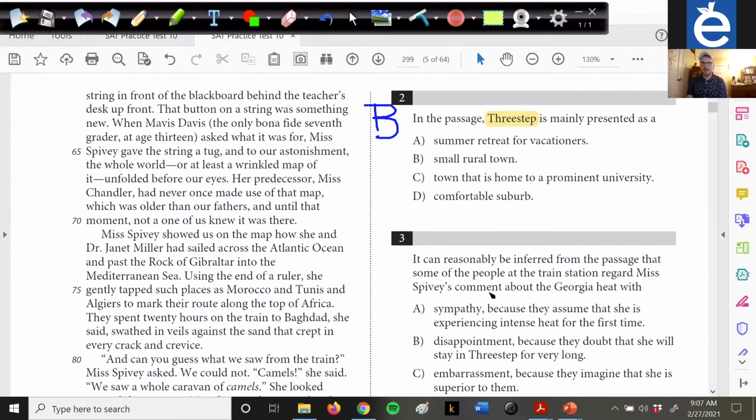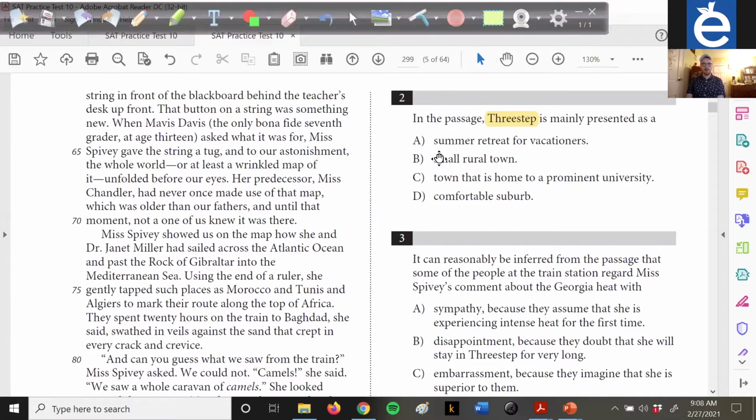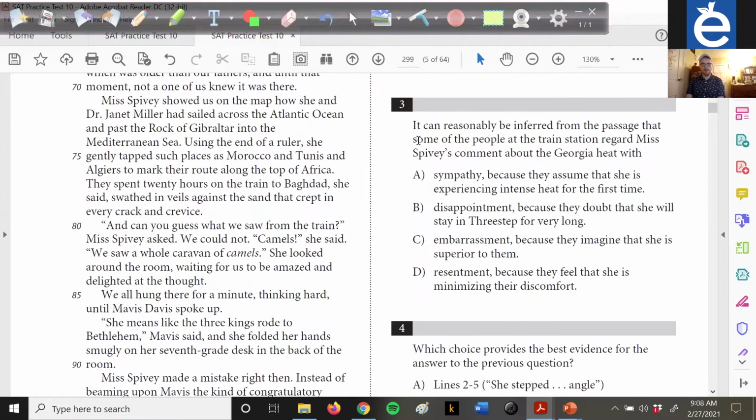Number 3: it can reasonably be inferred from the passage that some of the people at the train station regard Miss Spivey's comment about the Georgia heat with... okay, some interesting key words there. Now this looks like a broad question at first. Let's see where it goes. Is there any connecting questions?